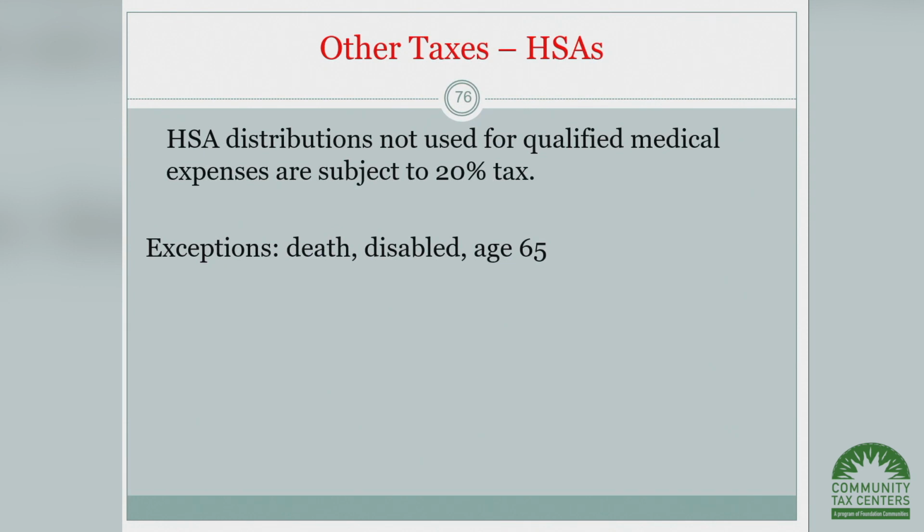Medications, over-the-counter medicines? Appointments, doctor's visits, yeah. Prescription medications and feminine products, good job. So if you use it for anything other than that, you have a 20% tax, okay?